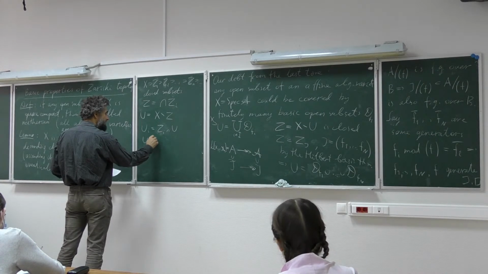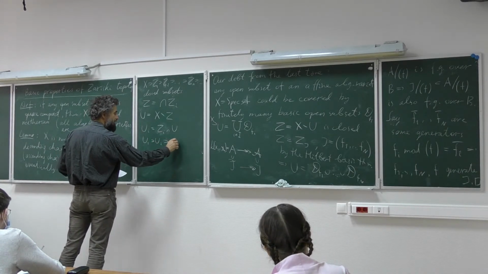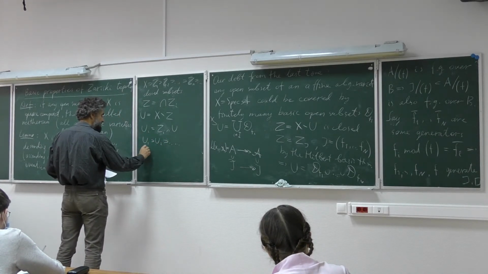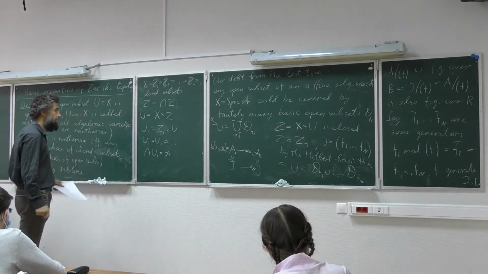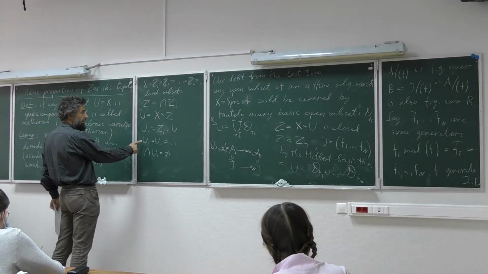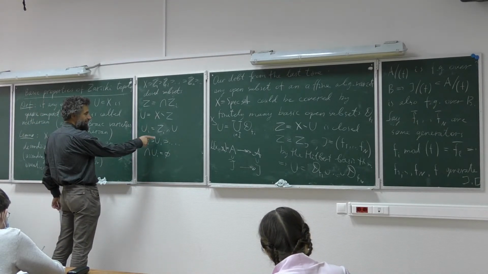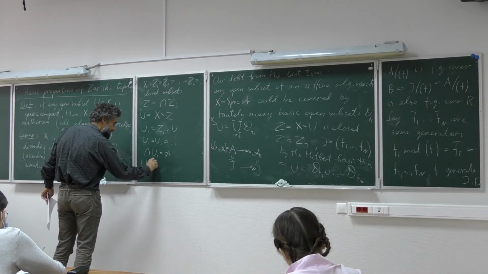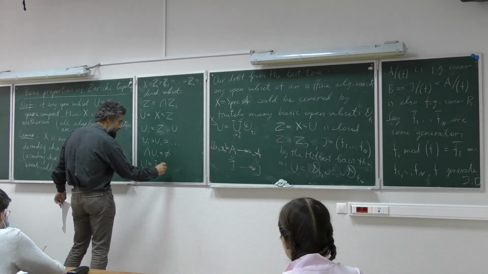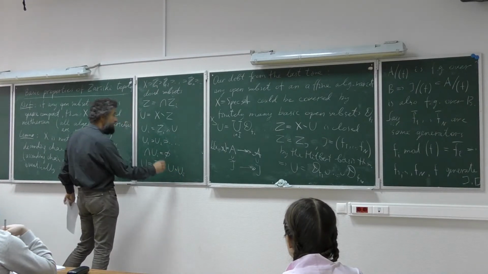So U1 inside U2, and so on, and the intersection of all those Ui's will be empty. So this means that U is the union of their complements. Why is the intersection empty? Just by definition.